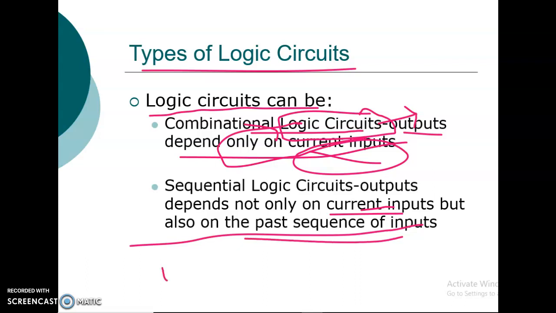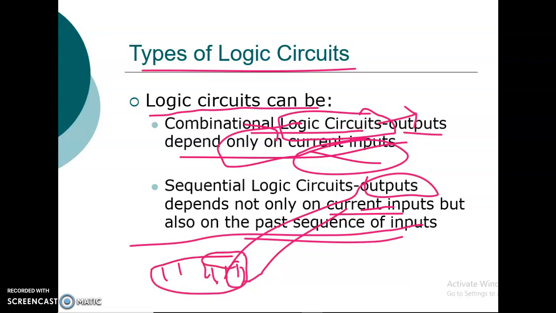Sequence means one, next, then next, like this. So in these circuits, outputs depend not only on the current inputs but on the whole sequence of inputs.